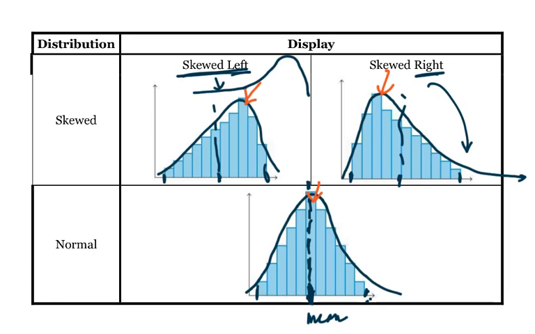One thing to note is that in a perfect normal distribution, the mean, the median, and the mode all have the same value. So this picture shows an example where the mean, the median, and the mode would all be the same. The reason why we focus on the normal distribution is because many sets of data are normally distributed or very close to it.